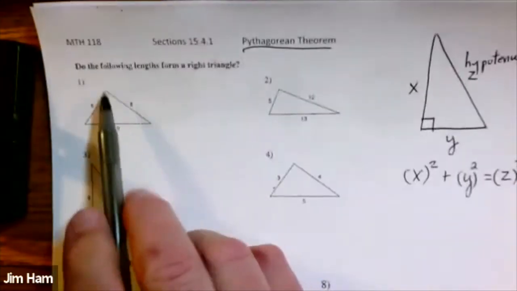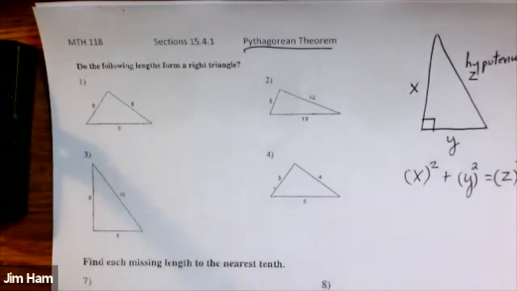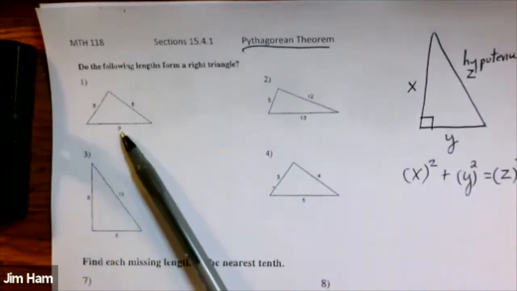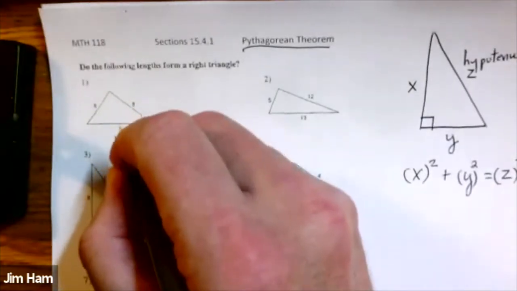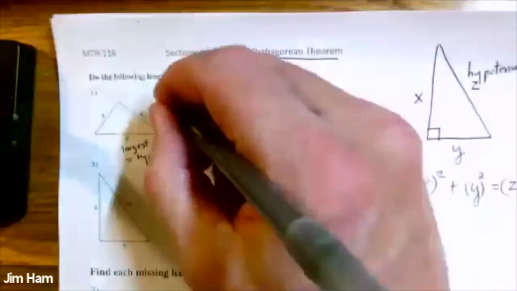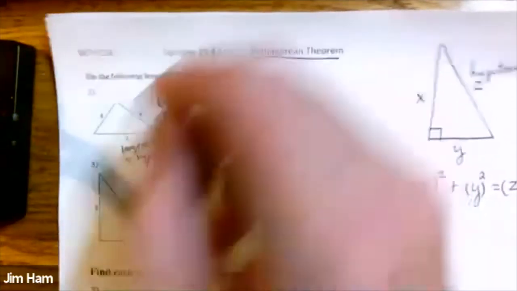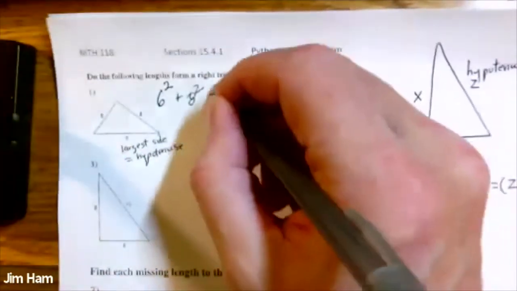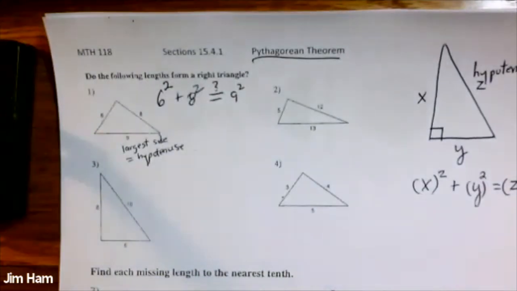So in this first one, it says, do the following lengths form a right triangle? Well, the largest side is 9. So since the largest side is 9, it has to be the hypotenuse. And so in order to confirm that this is a right triangle, we would have to take 6 squared and 8 squared, add them together, and then if the sum there is equal to 9 squared, then we have a right triangle.